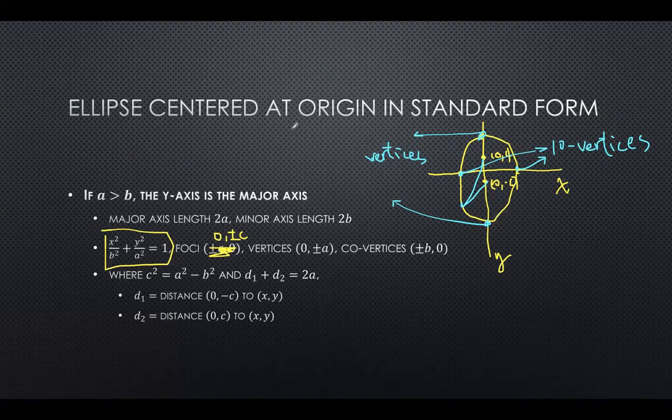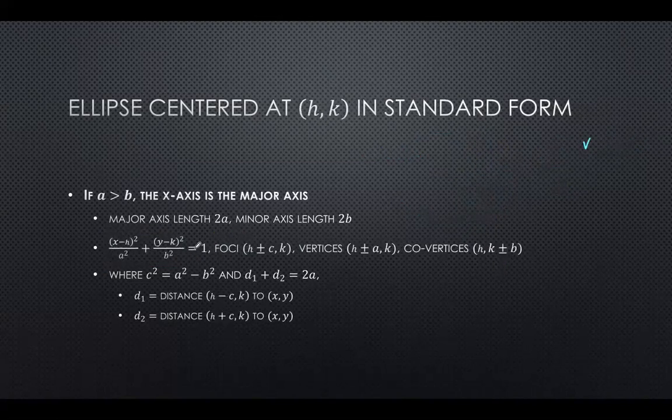But in more general cases, the center may not be at the origin. It would move to another point, let's say (h, k). So in this case, the center form would just be a translation.